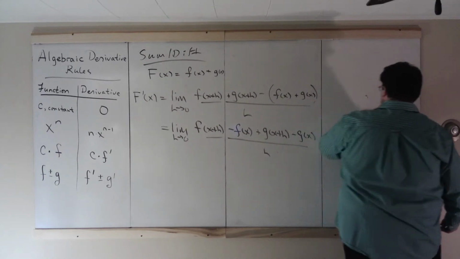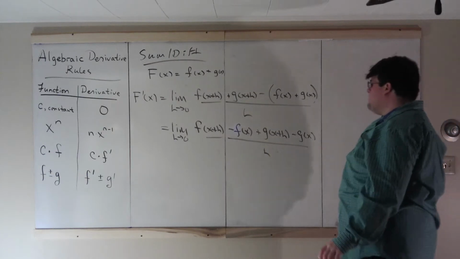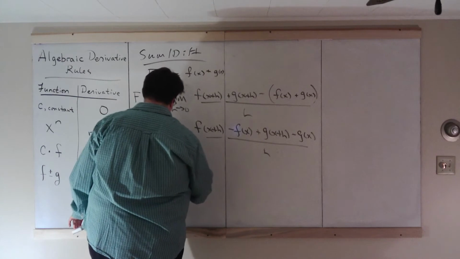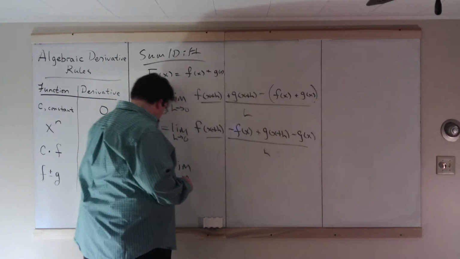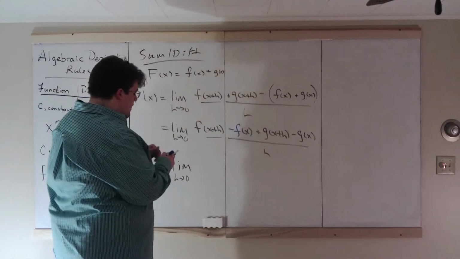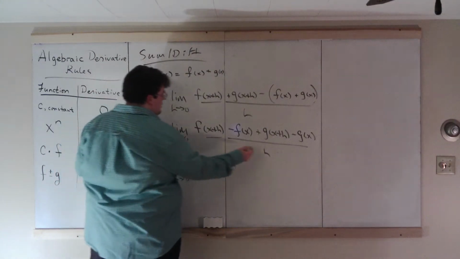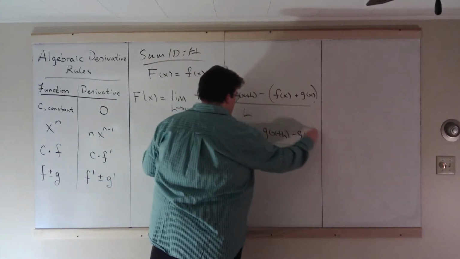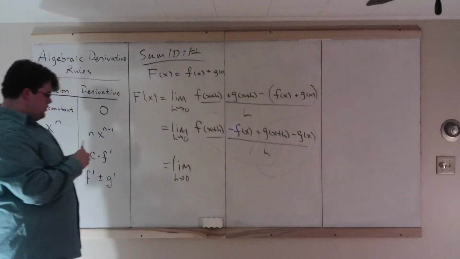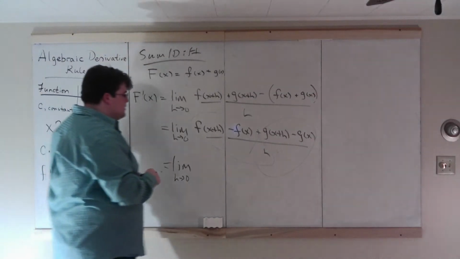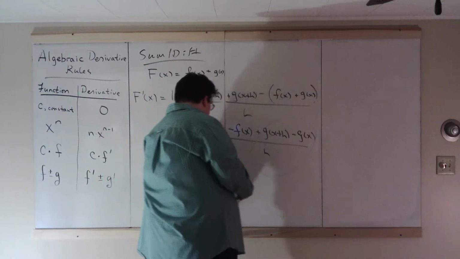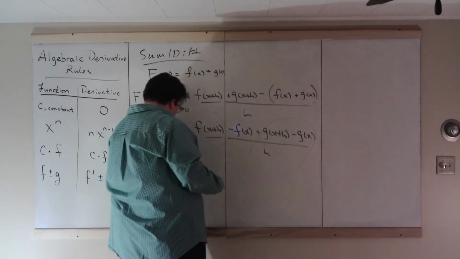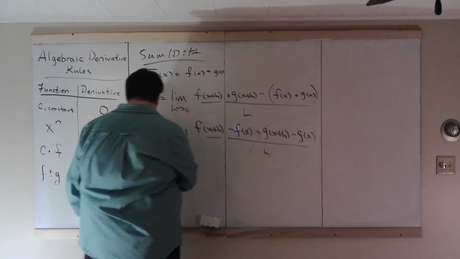And now what? Well, what do we have here? We have a fraction. We can split this fraction into those two pieces. What would that look like? It would look like this.